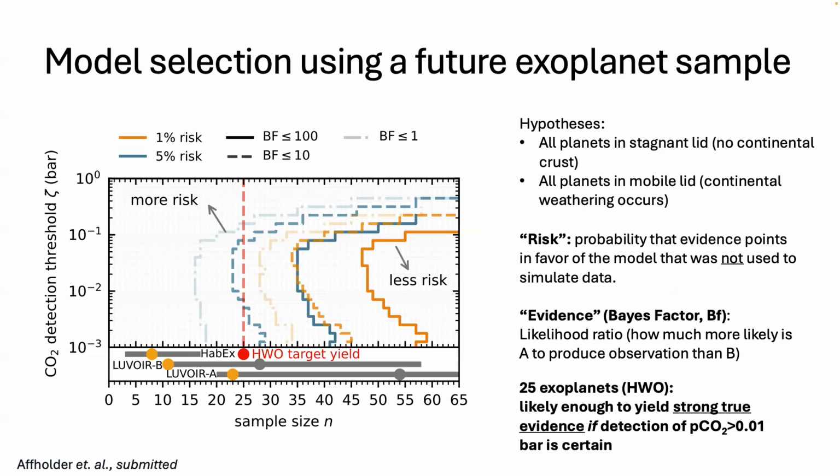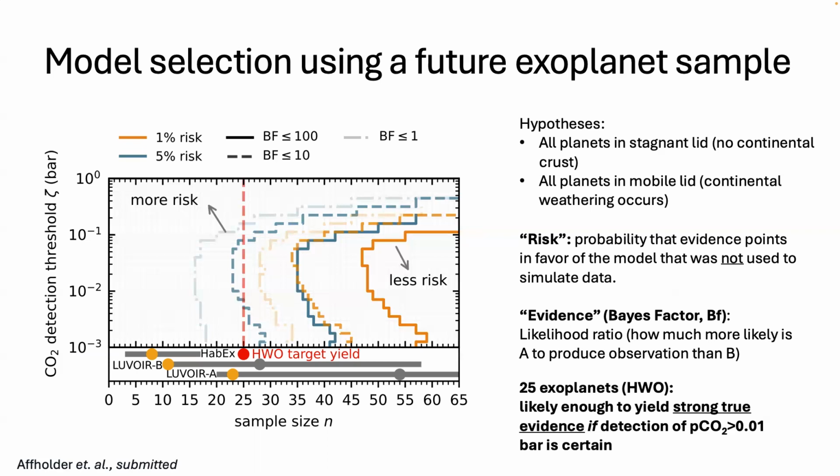And we measure, as a function of the minimum CO2 that can be detected in their atmosphere and the sample size, the probability that a sample would yield evidence for the wrong hypothesis. And we know what is a wrong and a true hypothesis because we make up the data ourselves, right? So we simulate and then we just make a fake statistical test and evaluate the risk of these tests.